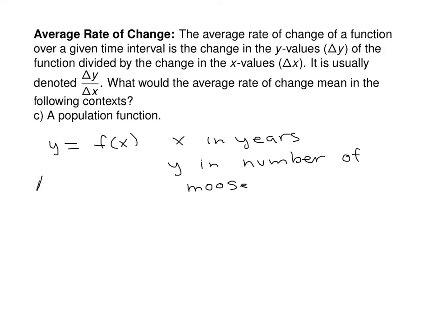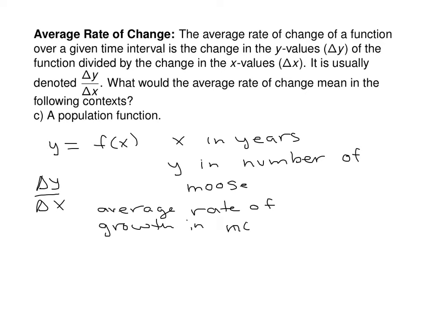In this case, delta y over delta x is the change in moose per year, so the average rate of growth of this population. Average rate of growth in moose per year.